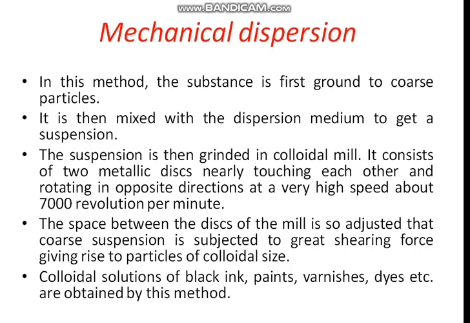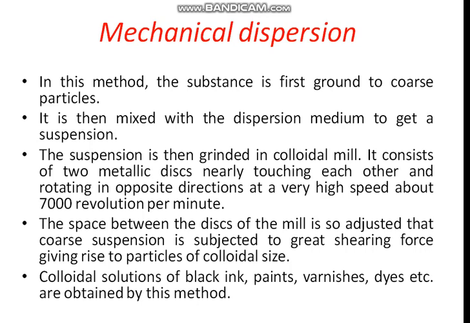If anything is ground in a colloid mill, it will convert this suspension of coarse particles into very small particles. The colloidal mill consists of two metallic discs nearly touching each other and rotating in opposite directions at a very high speed, about 7,000 revolutions per minute.